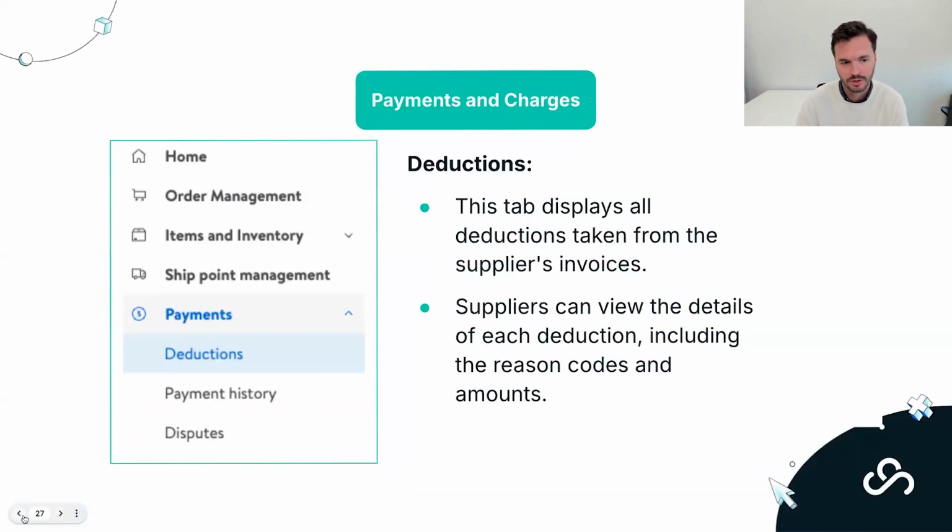I don't know if you can do mass dispute creation in SupplierOne yet. So it may be that this isn't completely up to speed, but there is still a lot of that. You can look at your deductions, and you can look at your payment history, and you can look at your disputes all here. So yeah, not completely up to date, but it looks like it's getting there. It looks like we're moving to a place where APDP, everything you can do there, you can do in SupplierOne.